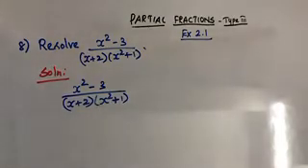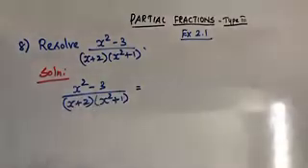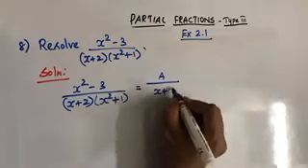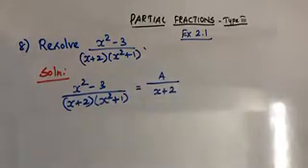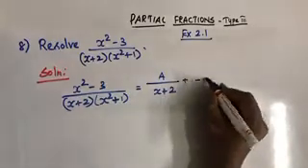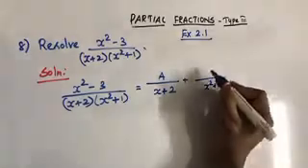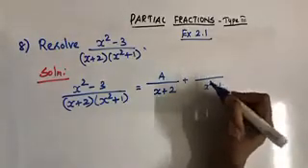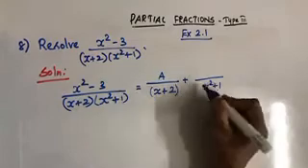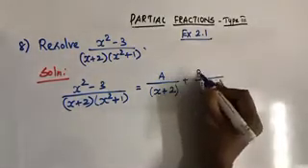So, in this case, the first one is x plus 2, so a divided by x plus 2. The first fraction we have written, and the second one has the denominator x square plus 1. Instead of writing b, as we used to after splitting up, now you have to write bx plus c.